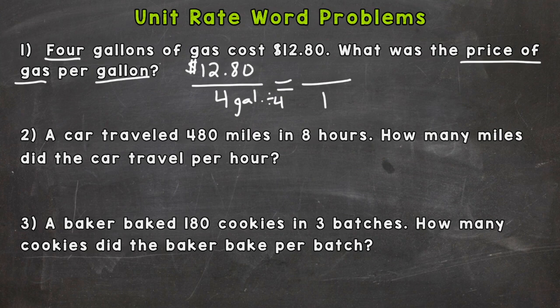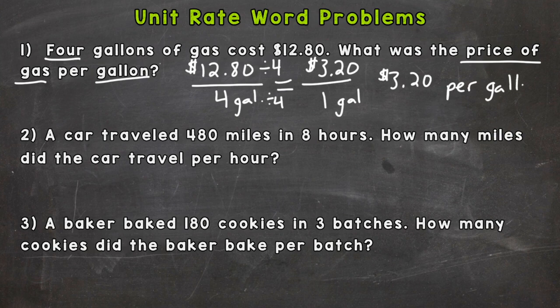That keeps it equivalent. So we would do $12.80 divided by 4. And that gives us $3.20. So $3.20 per 1 gallon. And we can write that out as $3.20 per gallon.